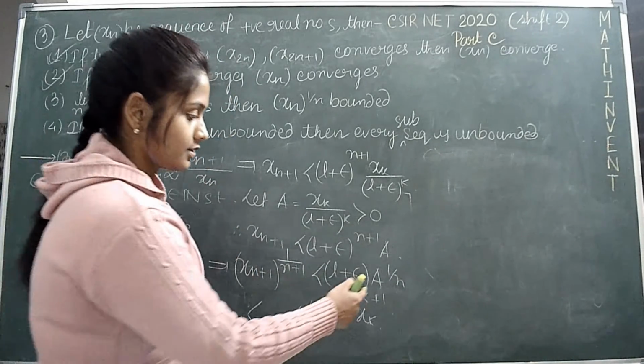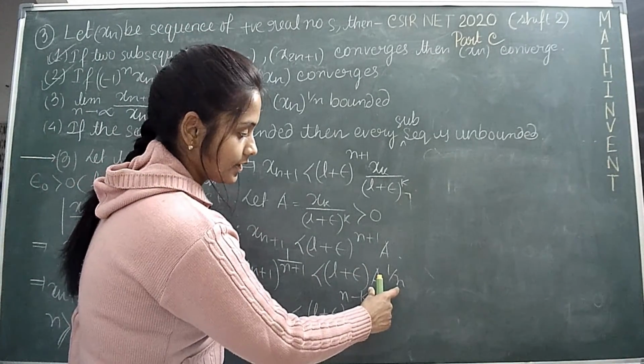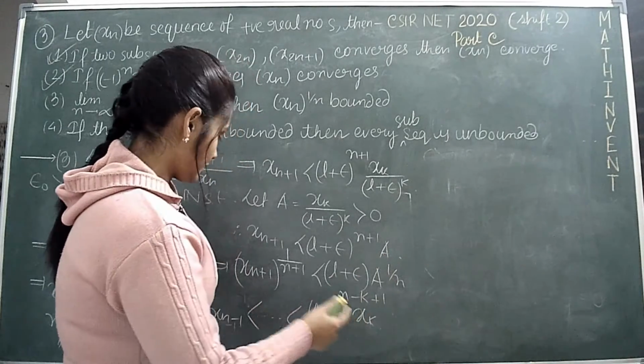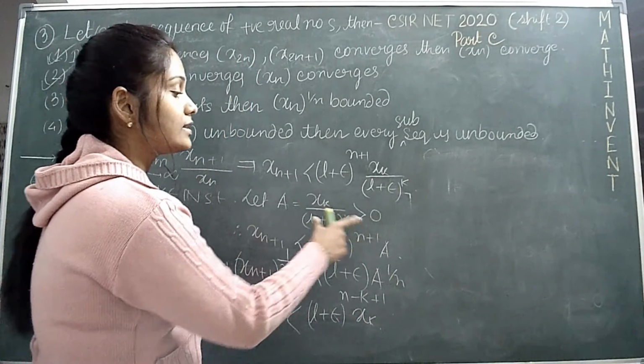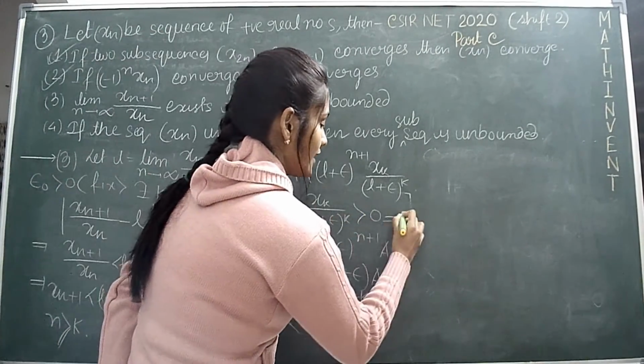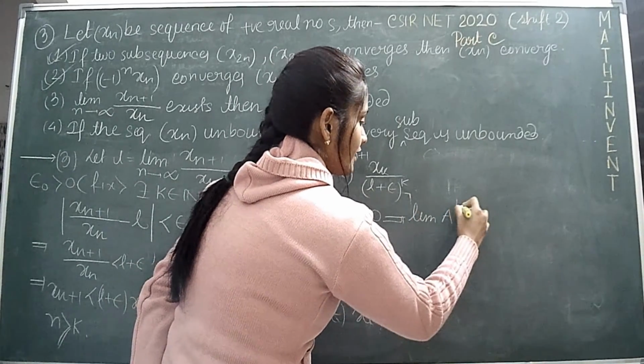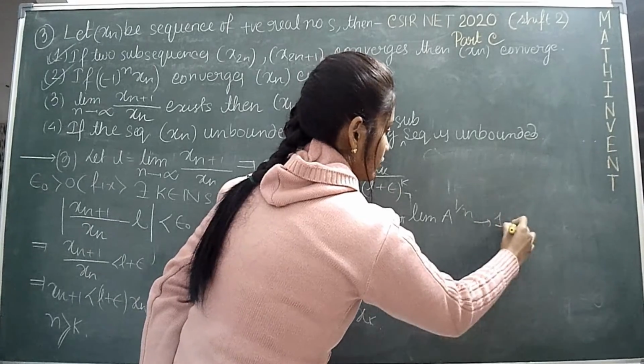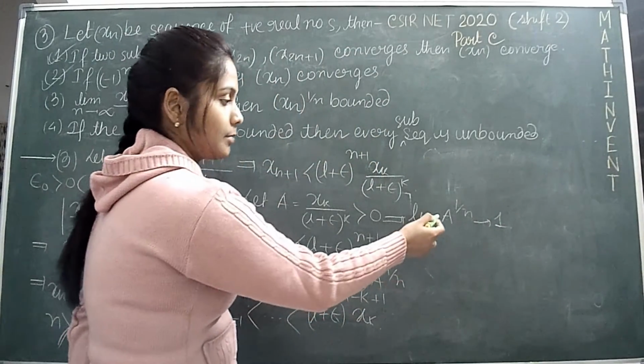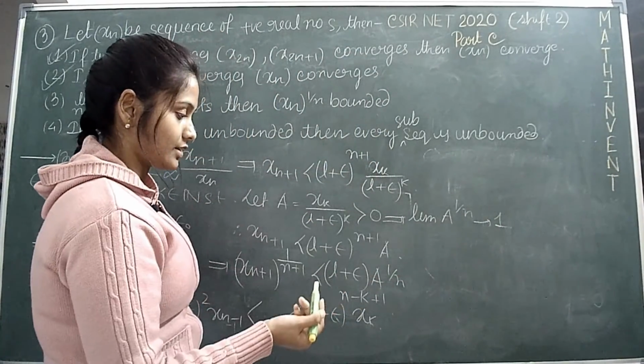We know that as n tends to infinity, if A is any positive real number, limit A power 1 by n tends to 1, which means A power 1 by n is a convergent sequence.